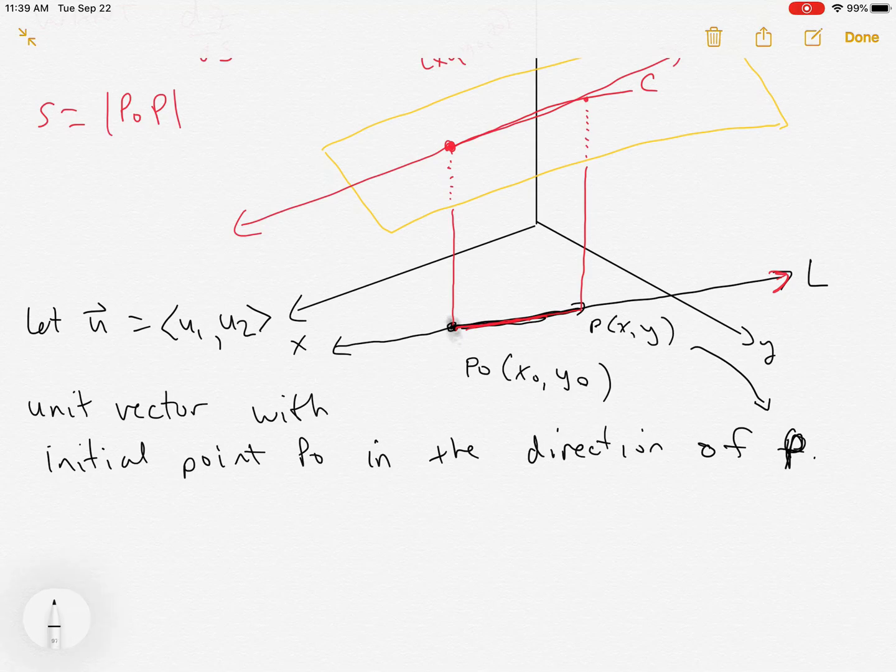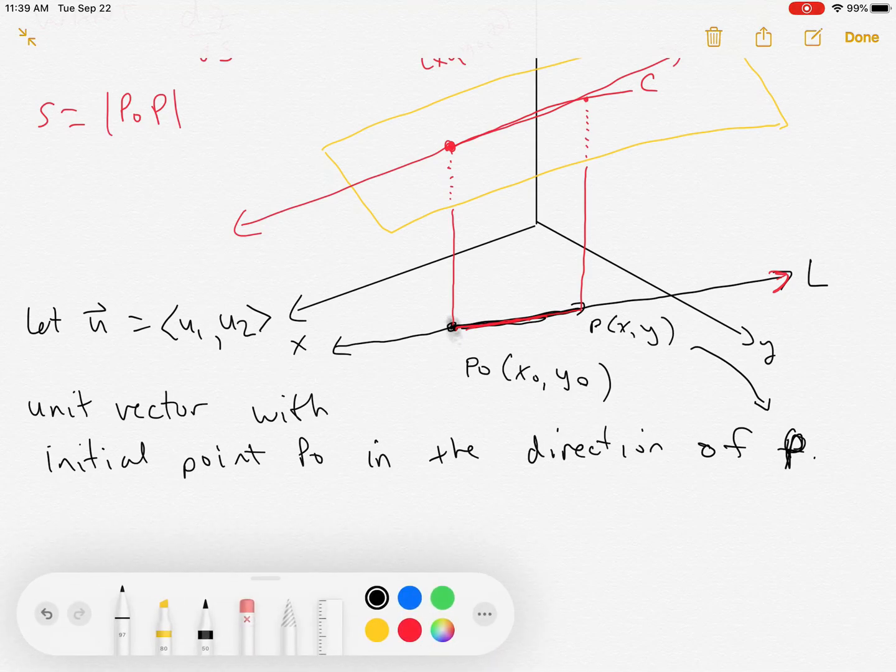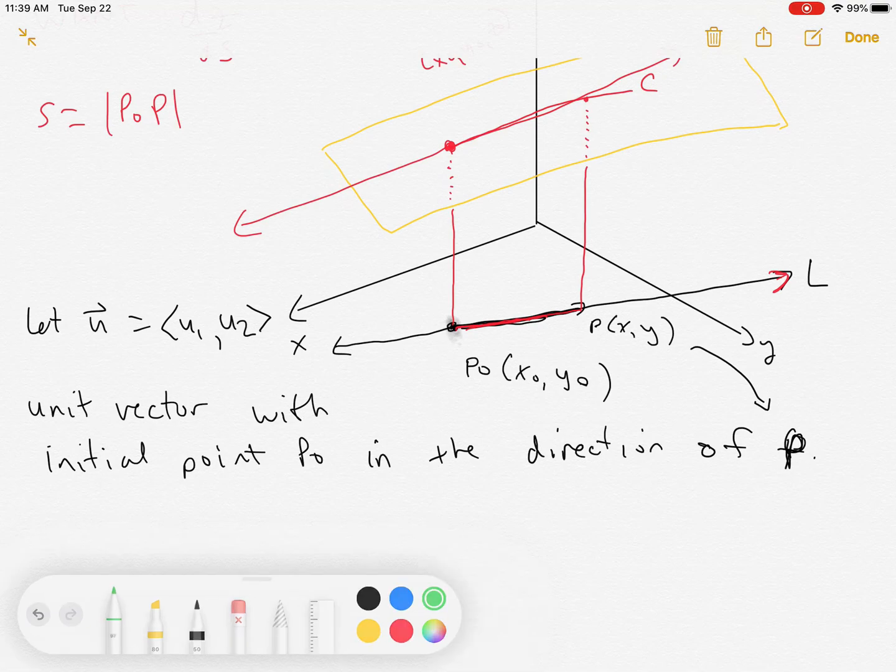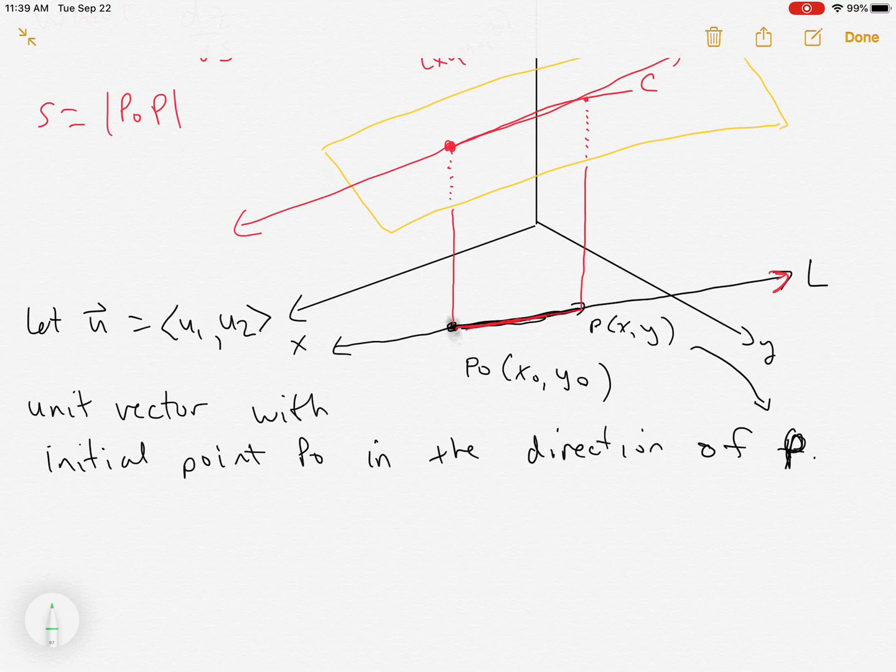Okay, so when I make this, I'll use green. What I've done now is I've defined this line. I've put my P naught and my P along the line. That's just any point along the line. And now I'm saying, all right, I'm going to build a unit vector right here, U. It's along this line.